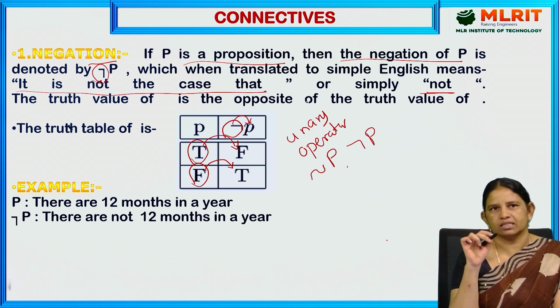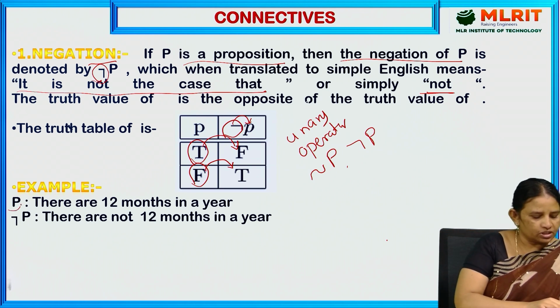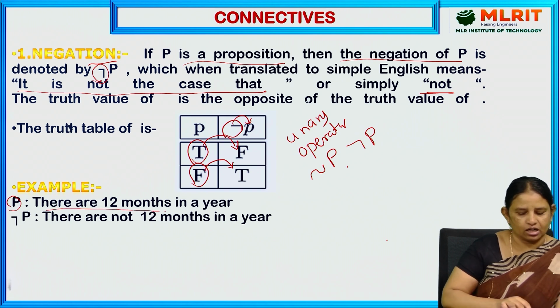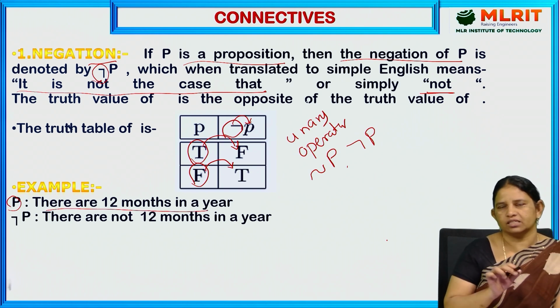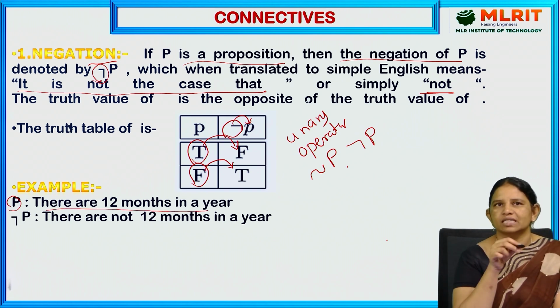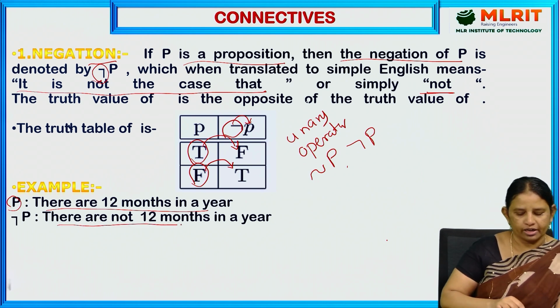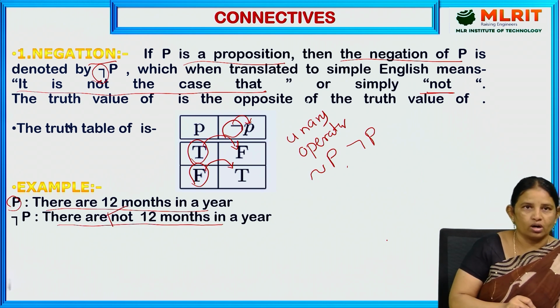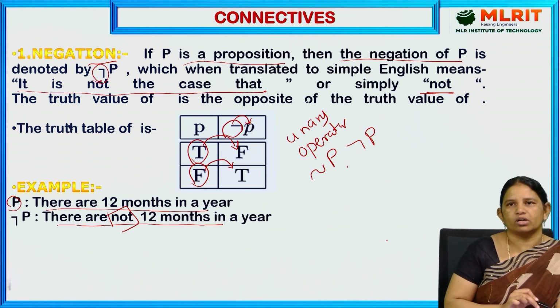Let us consider an example. If the proposition P is "There are 12 months in a year", how do we represent the negation of the given proposition? "There are not 12 months in a year." Here, not is the negation.